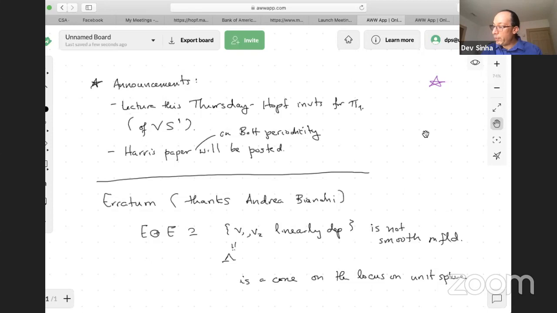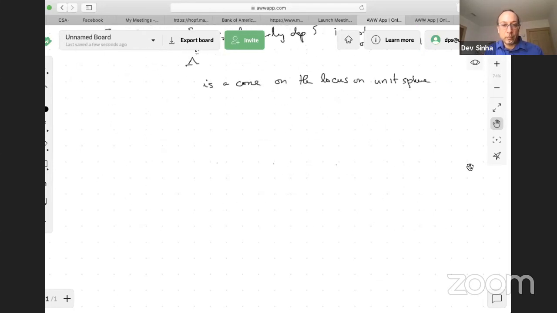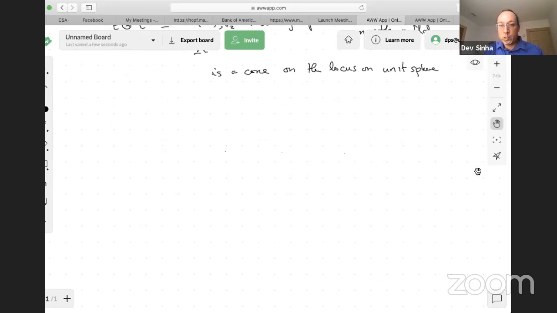And so I wanted to just mention some possible fixes. I don't have a strong preference here. Well, I've got a preference, but not a super strong one, because frankly I haven't worked it out. So, possible fixes.